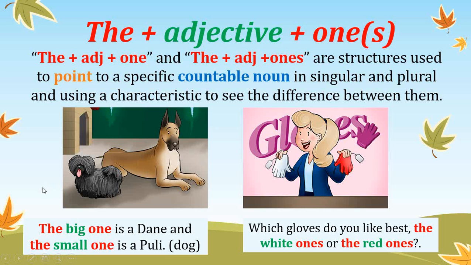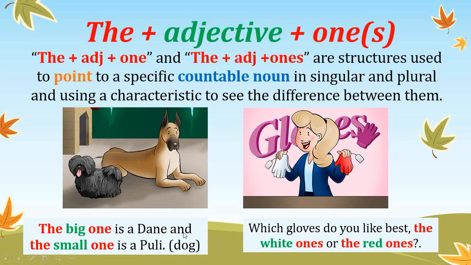And we're going to point to a specific dog by expressing one adjective or one characteristic from one of those dogs. So in the first sentence we have, the big one is a Dane, and the small one is a Poodle.